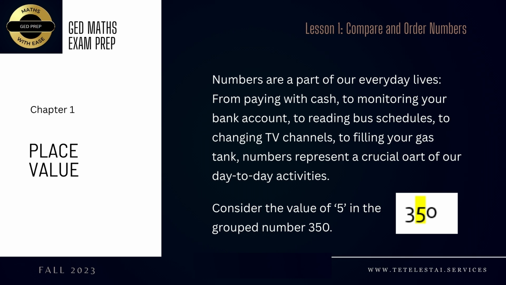Back to our definition of place value, then: the position of a particular digit within a grouped number will determine the value of the digit in question. So using, again, our example of having $20, the 2 represents the tens position. In other words, you have 2 $10 bills in the tens position.